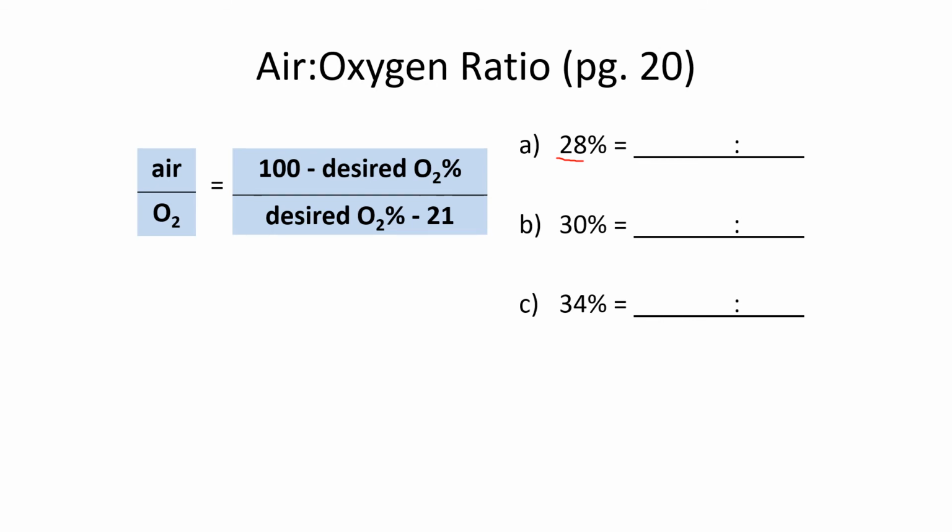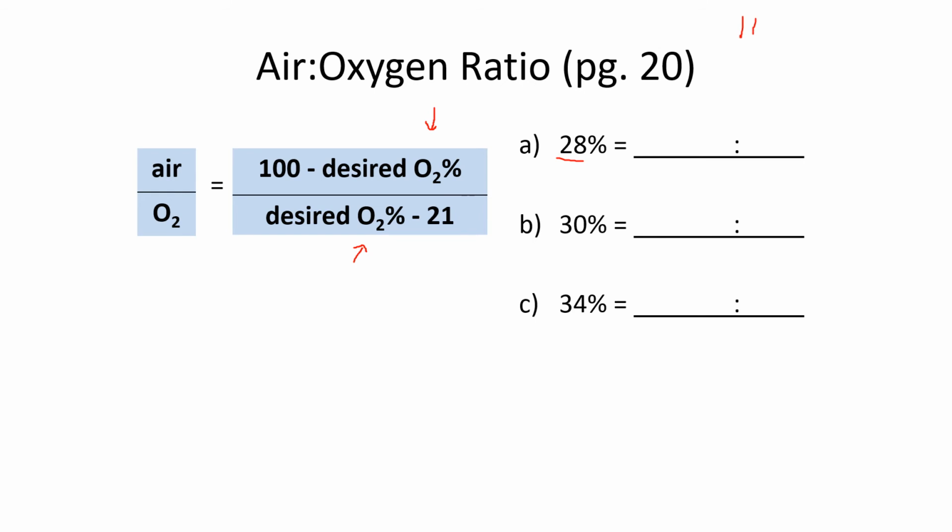So you're going to have to turn both dials on. How much air, how much pure oxygen in order to get the correct oxygen mixture. So they call that the air-oxygen ratio. So just plug and chug. That's all it is. So you're going to plug in 100 minus the desired oxygen, divided by the desired oxygen minus 21, because that's what's in the atmosphere. So let's plug that in.